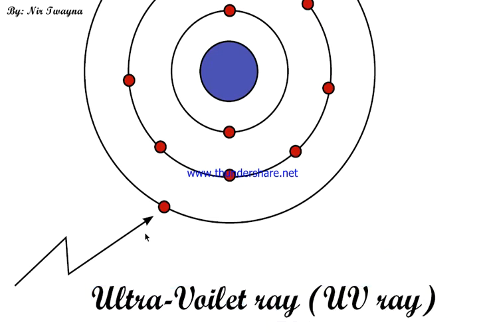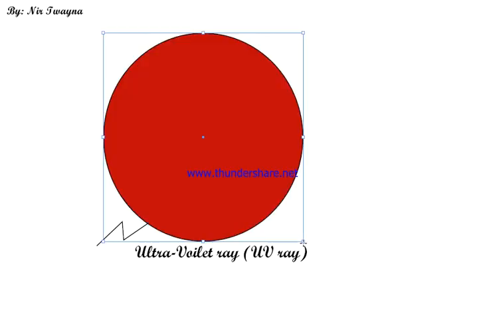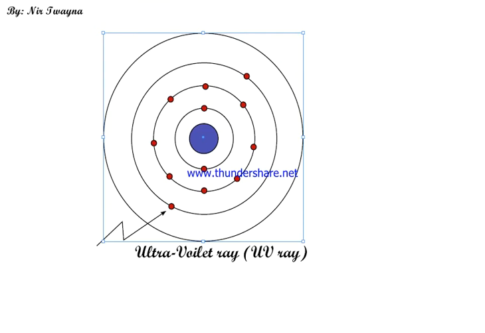What happens? Suppose this UV ray is absorbed by this electron. In that case, the electron becomes excited, because it has gained more energy.